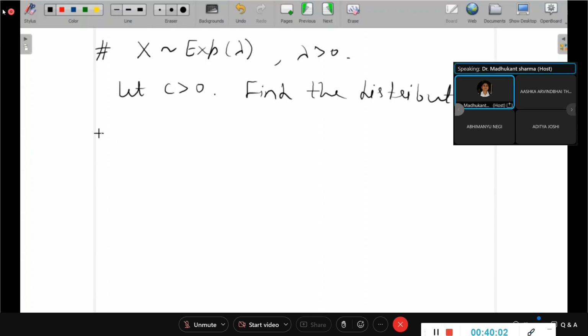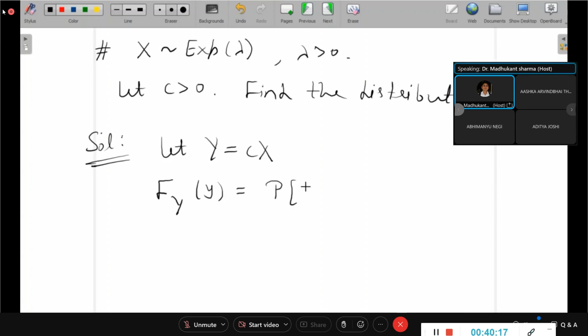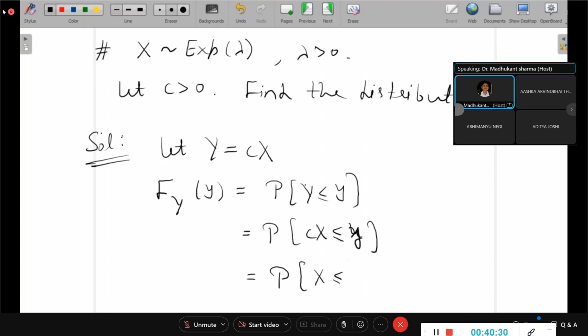I think it is very simple. Once you take a piece of paper and pen, it's very simple. So let Y equal cX. Now you try to identify F_Y of y. That is the probability that Y is less than or equal to y, which is the probability that cX is less than or equal to y, which is the probability that X is less than or equal to y by c, since c is positive.